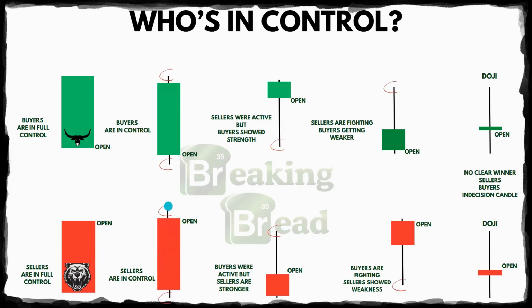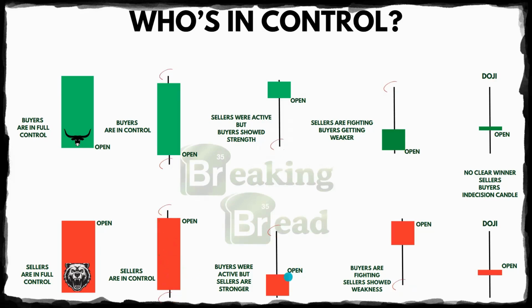We push to our highest point before a seller stepped in and said, nope, too high, sold it off, sold it off. We get to these lows, right? And buyers say, oh, that's a great price, and they try to push it up, but they fell short before this candle closed. So, a full strong-body downtrend candle, letting you know that sellers are definitely in control.